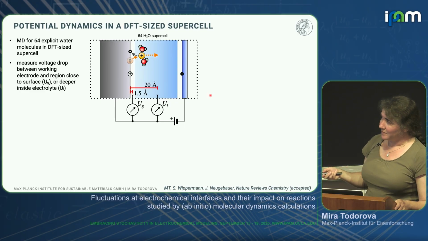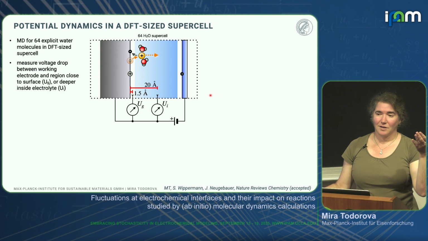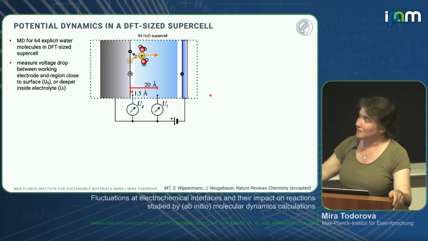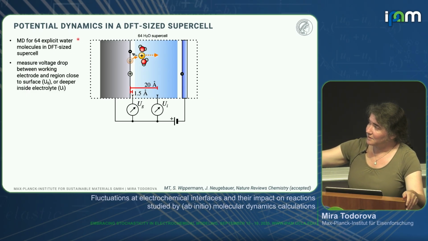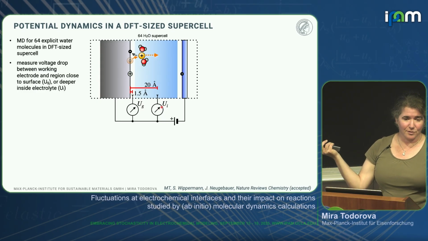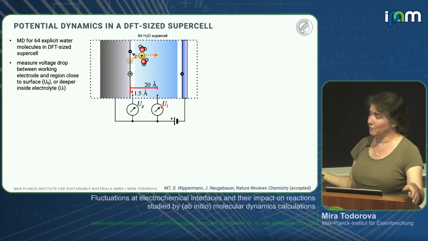And in order to sample also this boundary condition and see that what we were thinking hypothetically is also true, we did a simulation where we had MD for 64 explicit water molecules, sandwiched in a supercell. This is comparable to a DFT calculation, even if we did the calculations on the level of TIP3P water.